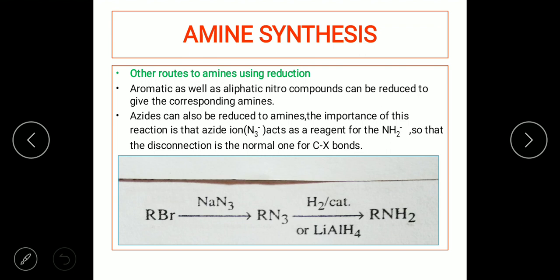So in place of using any other intermediate, we can use azide, because N3- can be used as a reagent for this synthesis. Hence, in place of an acyl chloride, a ketone or an aldehyde, we can also use N3- as a reagent.